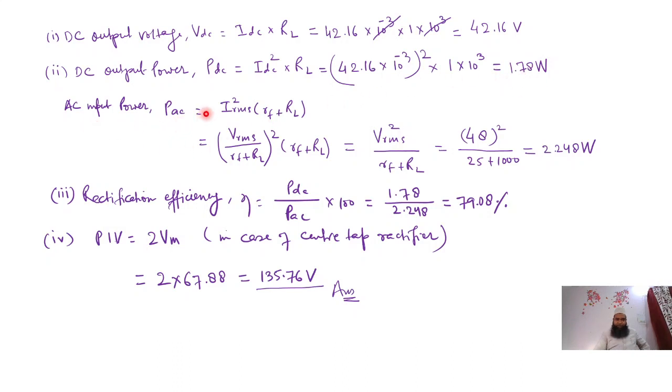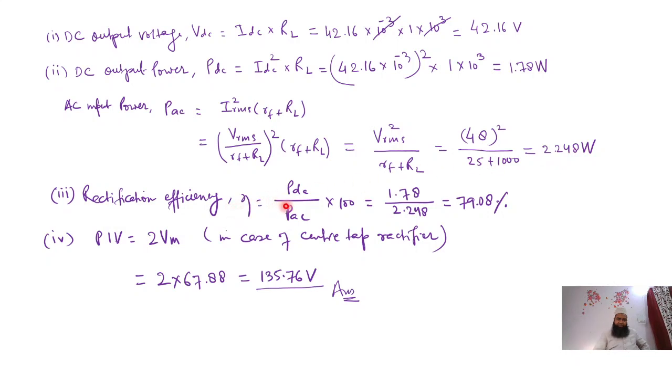Now AC input power PAC equal to IRMS square into Rf plus RL. We can write IRMS equal to VRMS upon Rf plus RL, whole square into Rf plus RL. By putting the value you can find out the PAC equal to 2.248 watt.